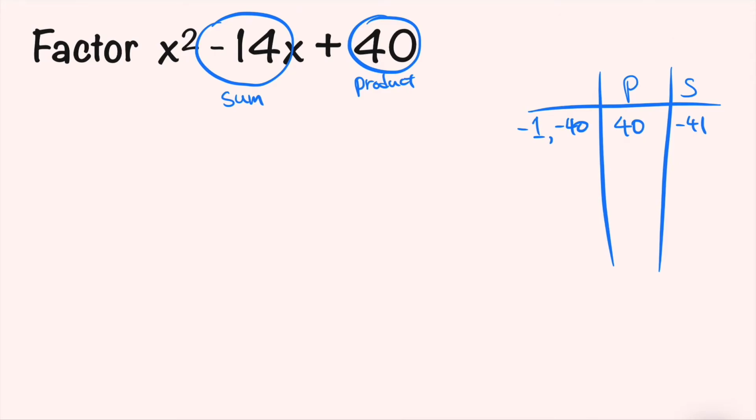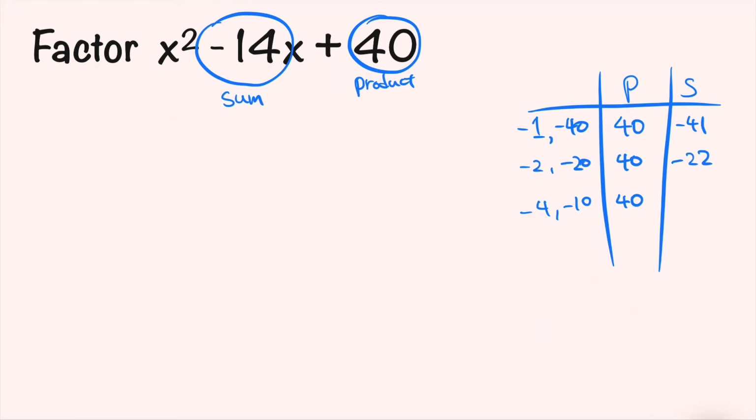So the next numbers that we're going to try are negative 2 and negative 20. They still give 40 as their product, but their sum this time is negative 22. Okay, it's closer to negative 14, but not there yet. So the next two numbers that we're going to try are negative 4 and negative 10. Their product is still 40, which is great.